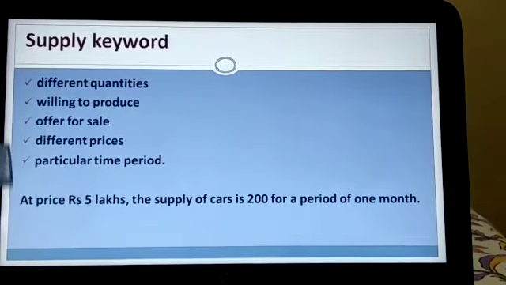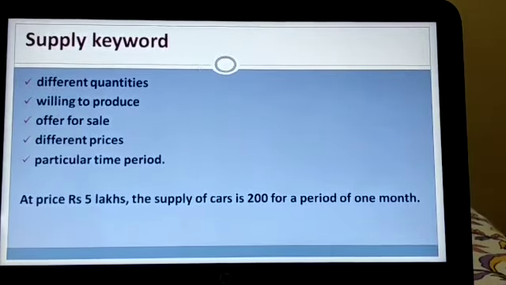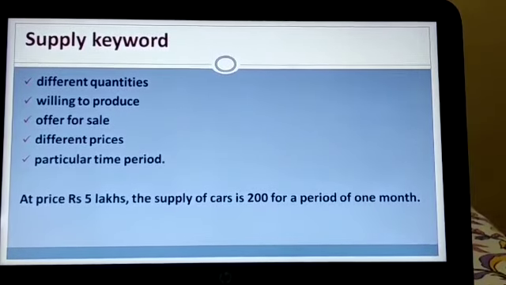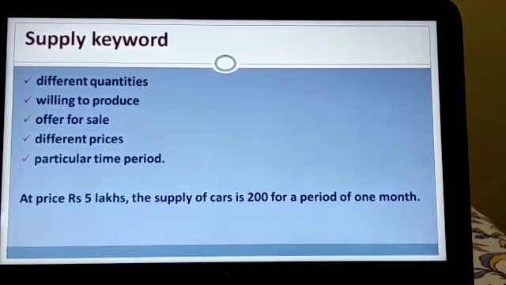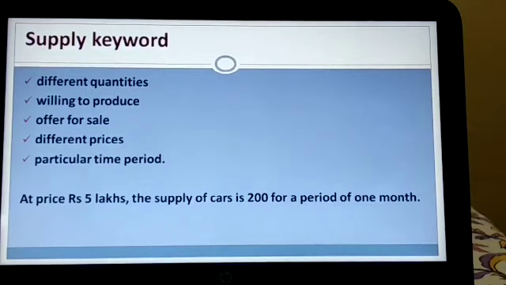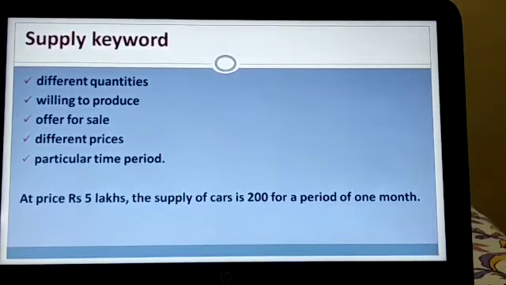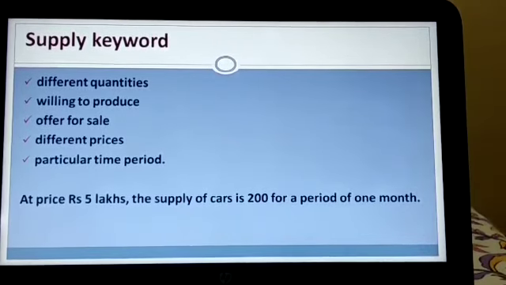For a statement to become supply, it must have a price. The producer must be willing to produce it and offer it for sale. The quantity must be given and it should be for a particular time period, say 1 week, 1 month, or it may be 1 year.